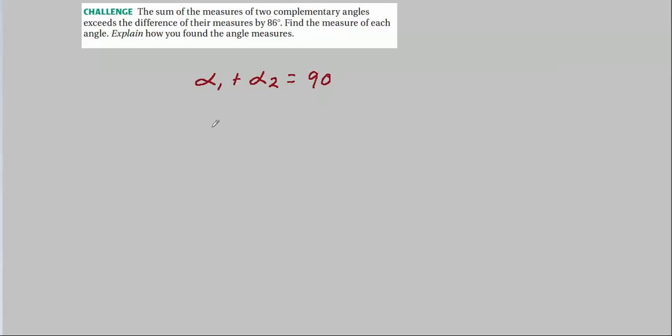Which means that the sum, that's alpha 1 plus alpha 2, exceeds the difference by 86 degrees. Well, what's the difference? Alpha 1 minus alpha 2 and alpha 1 plus alpha 2.